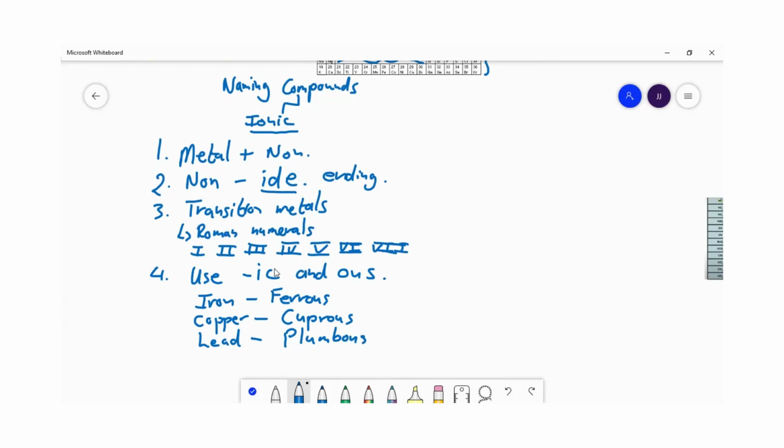Now the use of the IC and the OUS endings, as you can see, at the end of the word, is also a way for us to indicate the valency of the metal. So these two will help us to identify valence.